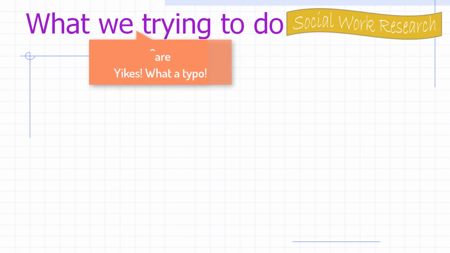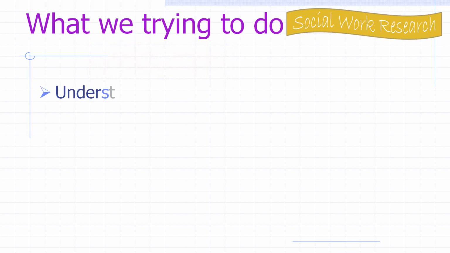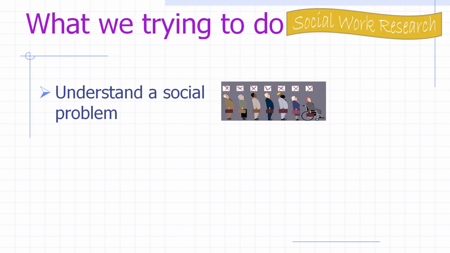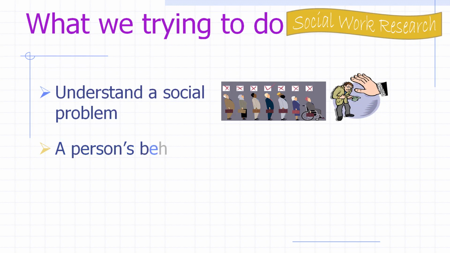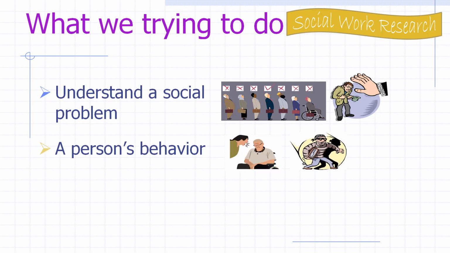So then social work is actually a type of social research. And in social work research in particular, what we're trying to do is usually understand a particular social problem, for example, racism or discrimination, poverty, or a person's behavior, for example, criminal behavior or maybe elder abuse.